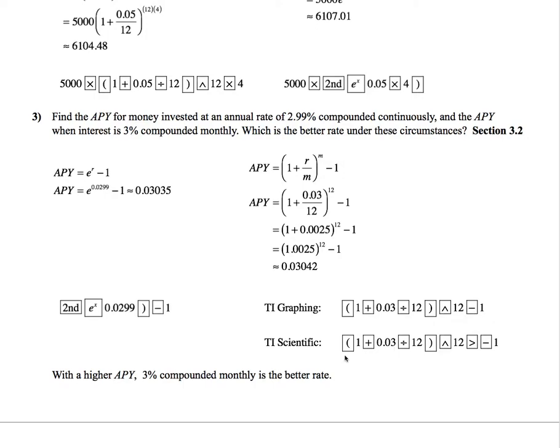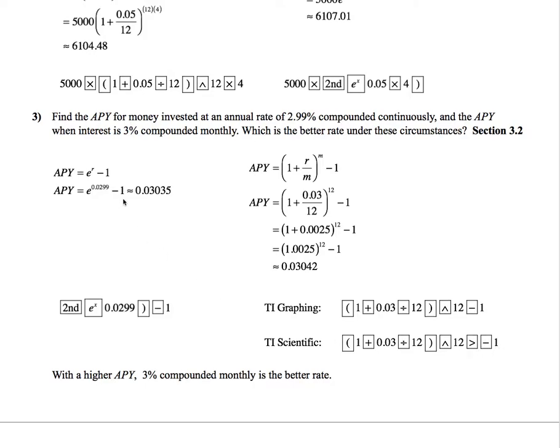Now for the scientific, everything is the same until you get to the end of the exponent. And you have to press the right cursor button to get the cursor out of the exponent before you press the subtraction and the 1.